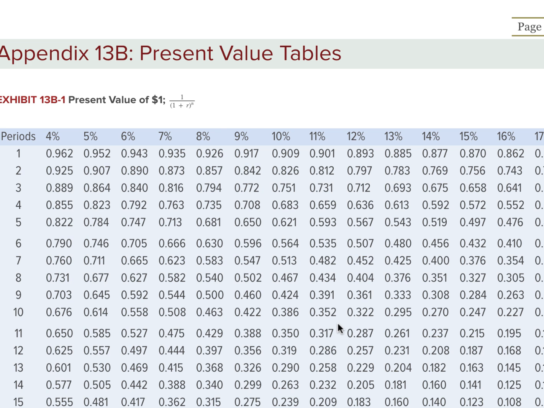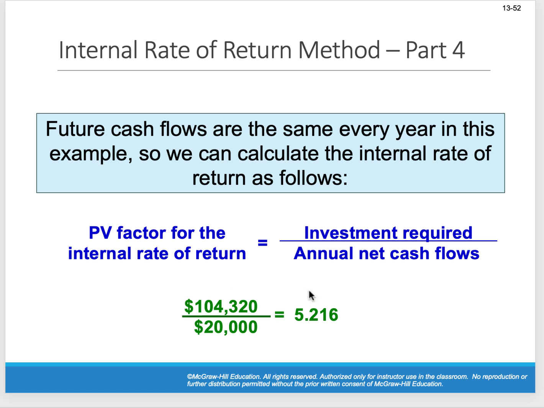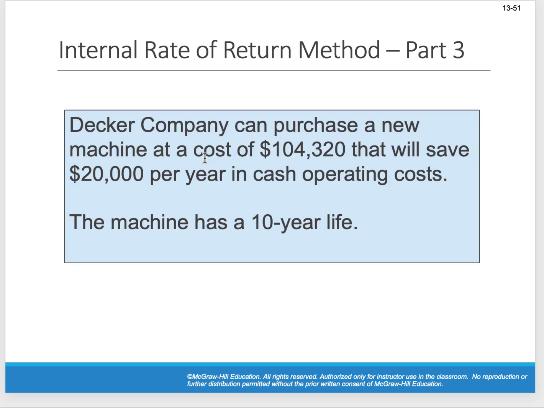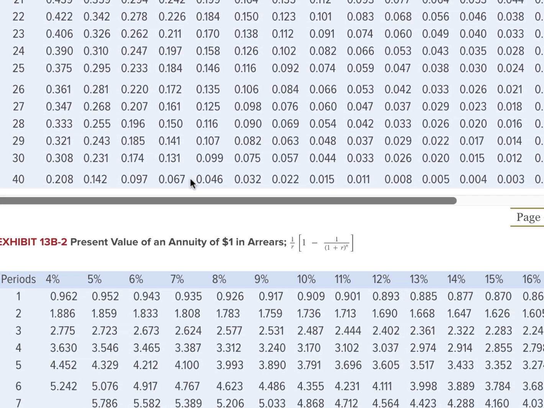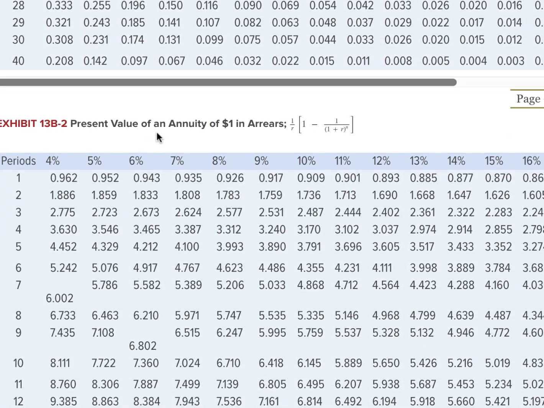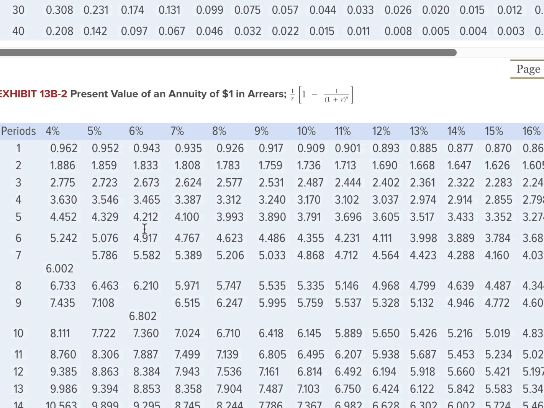I'm using the present value of a dollar table, right? This factor, it's going to save me $20,000. Go back. Save $20,000 per year in operating costs. That's a cash stream. So guess what I need to do? Go to the correct table, present value of an annuity of $1 in arrears.